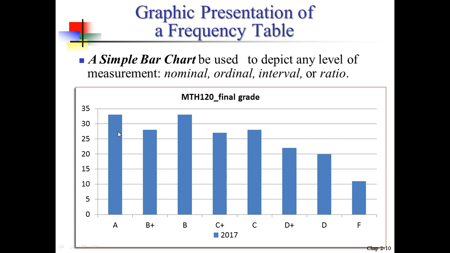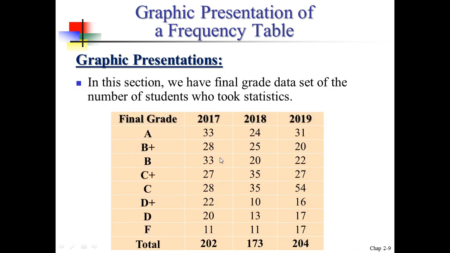I can find that A and B tend to have the same number of students. Why? Because a higher, taller bar means more students, and a shorter bar means fewer students. This is only A up to F, maybe 1, 2, 3, 4, 5, 6, 7, 8, 9, only 9 groups. How about when you have a long list of numbers?